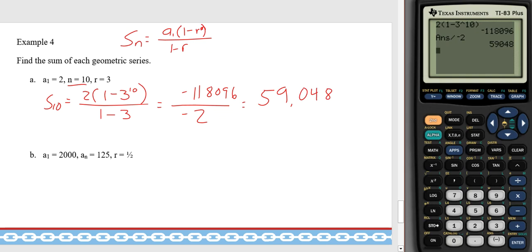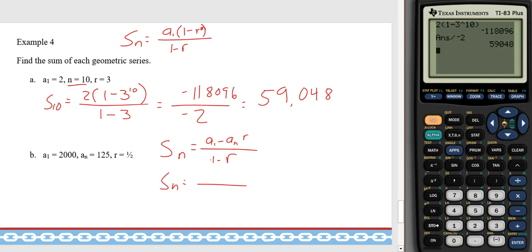For my second problem, I am told the first term and the nth term and the common ratio. So I am going to use the second formula that was presented to us, a1 minus an times r, over 1 minus r. I don't really know what that n value is. I could do some work to figure it out, I suppose.